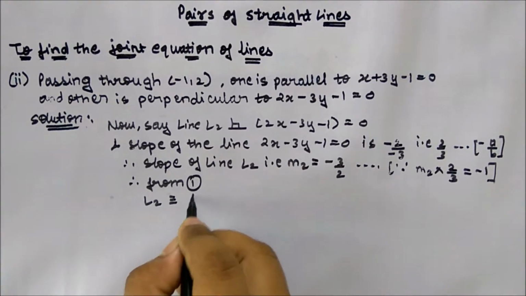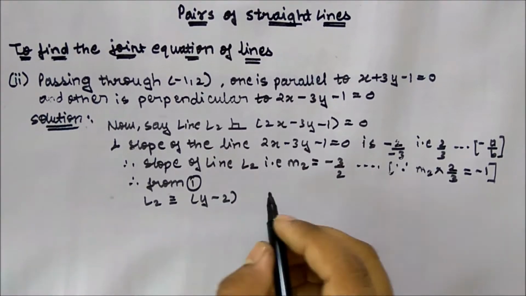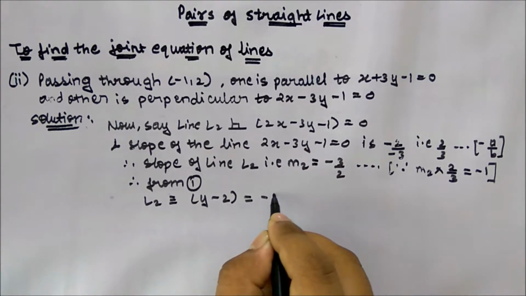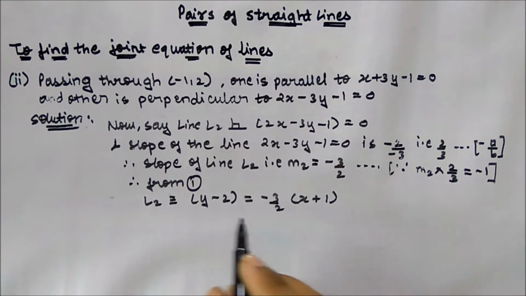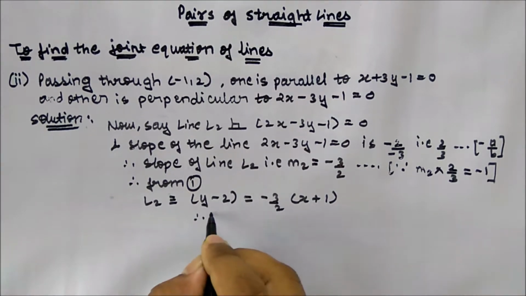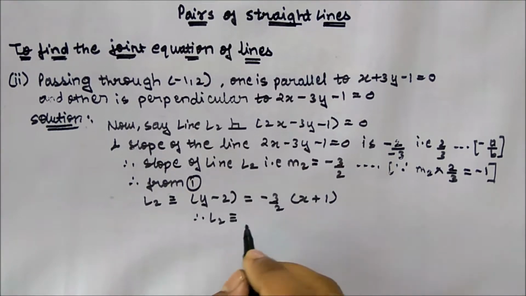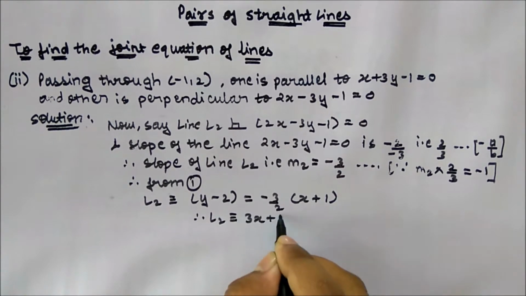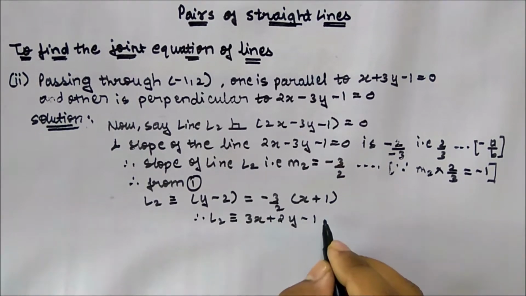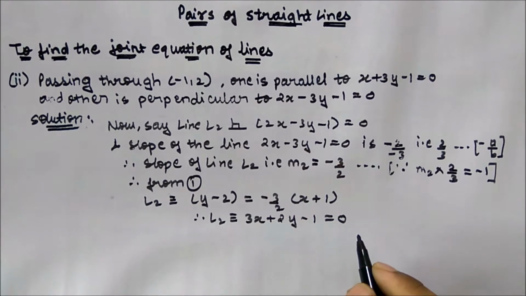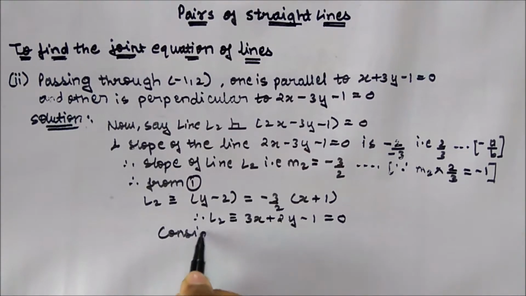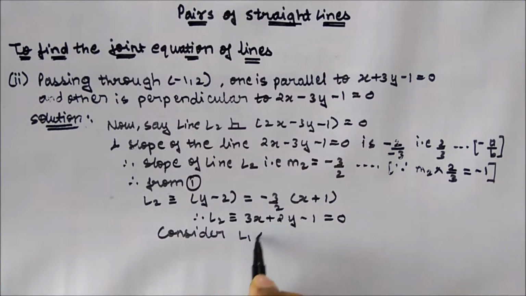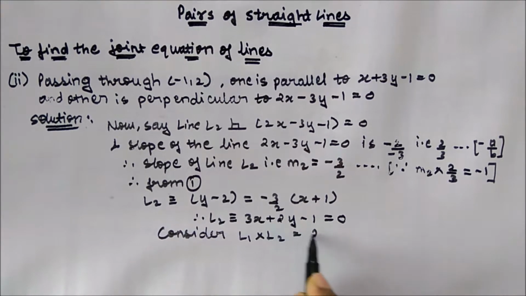Therefore from 1, we can say the equation of line L2 will be y minus 2 equal to minus 3 by 2 into x plus 1. Now solving this, we get the equation of line L2 as 3x plus 2y minus 1 equal to 0. Now we have to find the combined equation of lines L1 and L2. So consider L1 into L2 equal to 0.